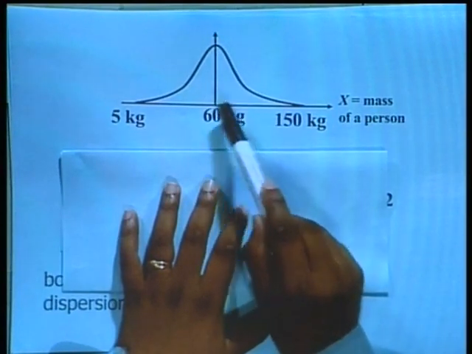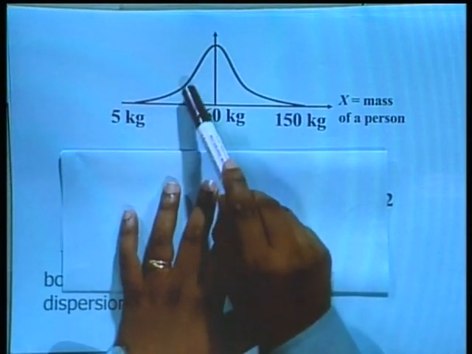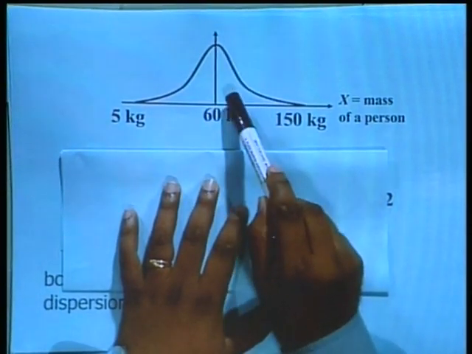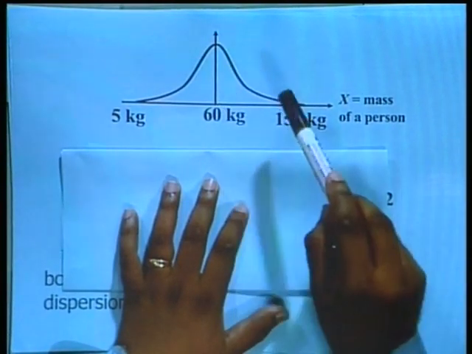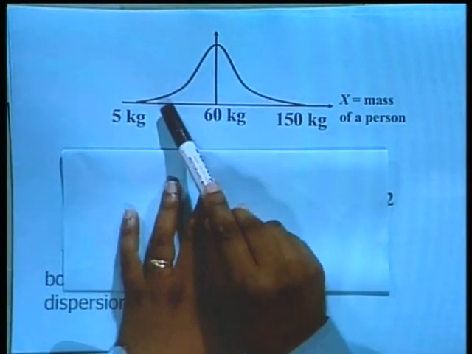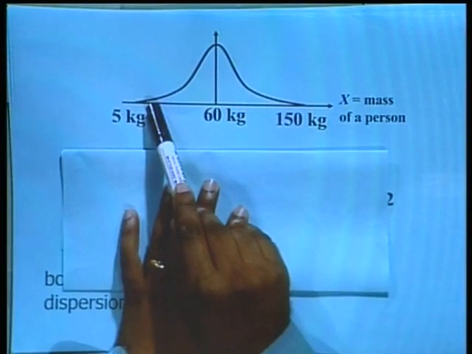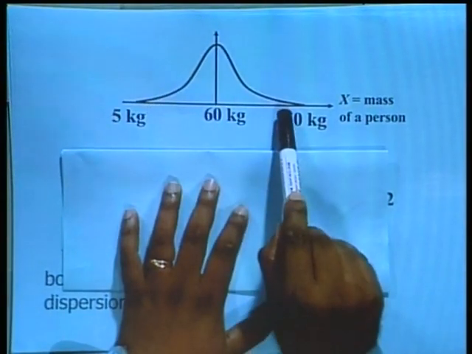Most Mauritians have a mass close to 60 kilograms, represented by the large area under the curve. There were few Mauritians having mass close to 150 and few having mass close to 5 kilograms, represented by a very small area in these regions.